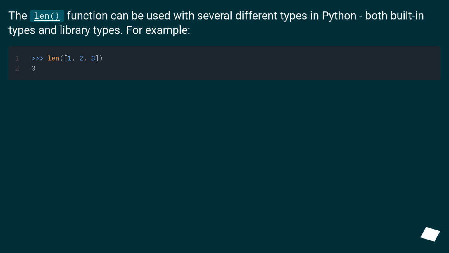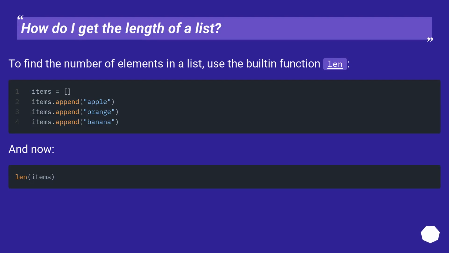The len function can be used with several different types in Python, both built-in types and library types. For example, how do I get the length of a list? To find the number of elements in a list, use the built-in function len.